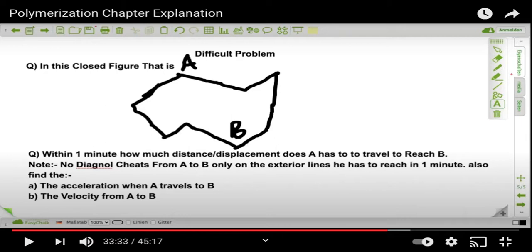So 4x by 60 is equal to its speed. It's x by 15. That's its speed. So your answer is this. Within 1 minute, he can go x by 15 distance.